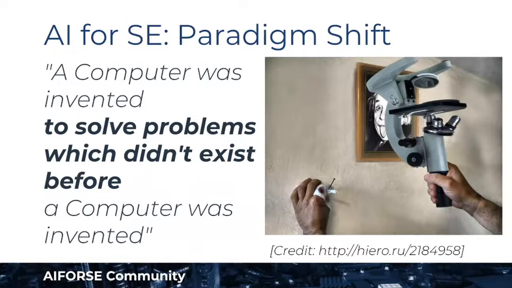Maybe we should think about what the processes will be, any processes in general, and particularly in our area, software engineering processes, when AI comes into place. That's a separate topic, just to think about in the background, but I think AI brings a paradigm shift.